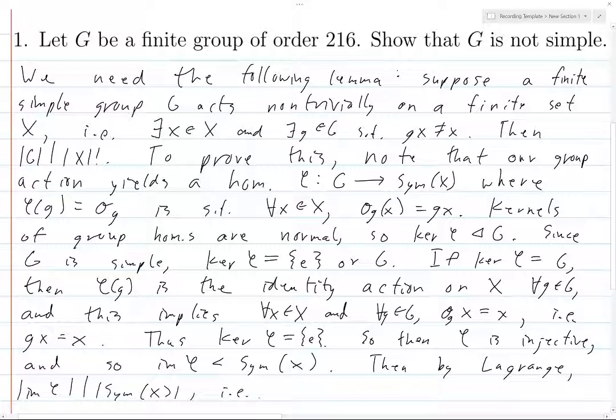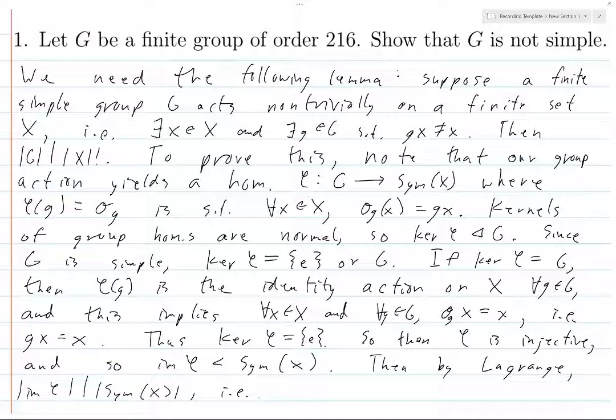I.e., so what's the image of phi? Phi is this map that goes from G, or rather, what's the size of the image of G? So yeah, because phi is injective. Wait, do we need injectivity? Right. Wait.